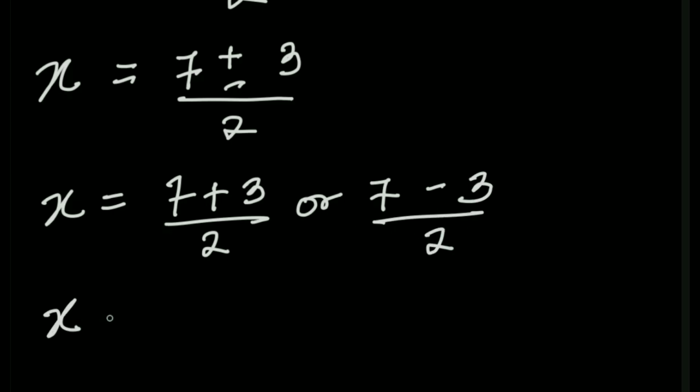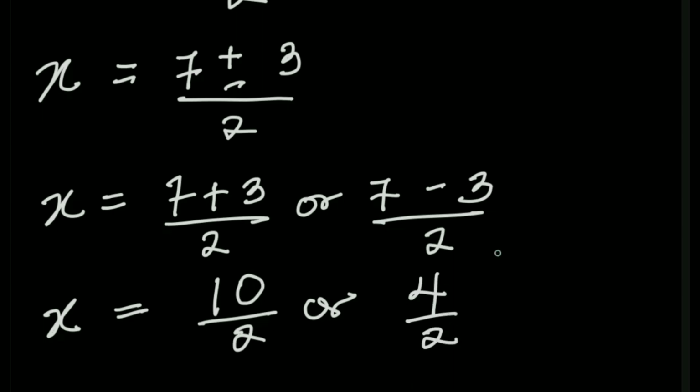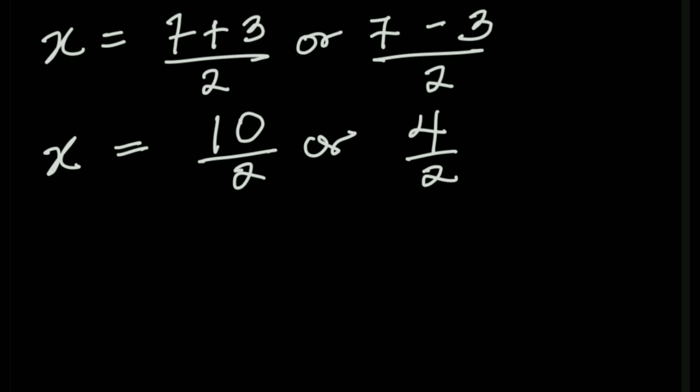And so x equals 10 over 2, or 4 divided by 2. And finally, we have the value of x equal to 5 or 2. And so with this, we've solved that equation using the formula method. And the values of x are 5 or 2.